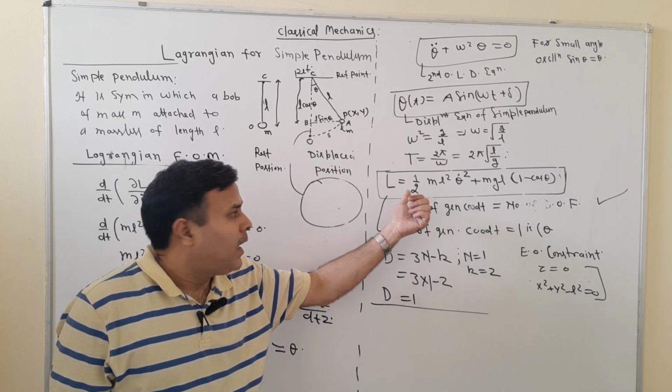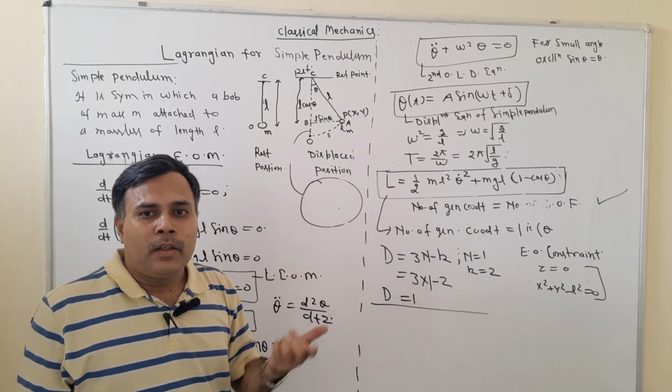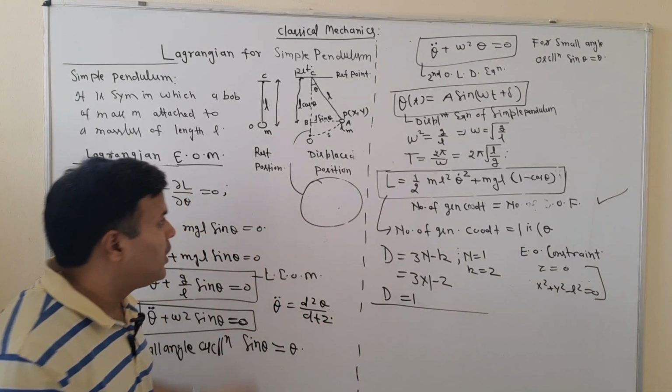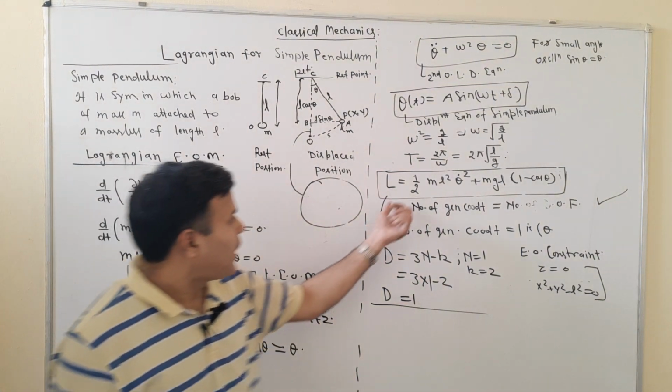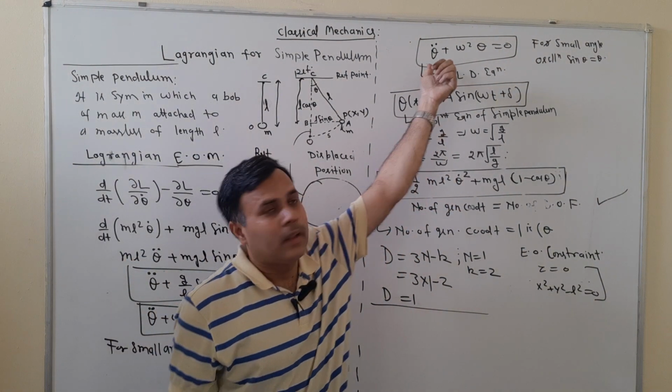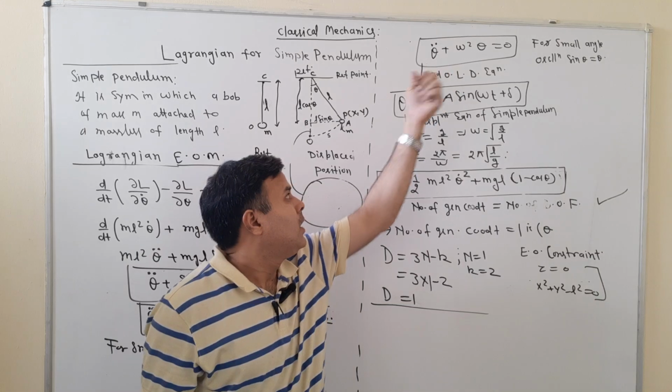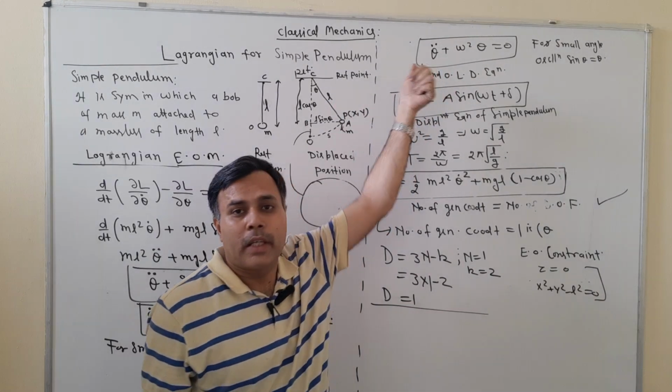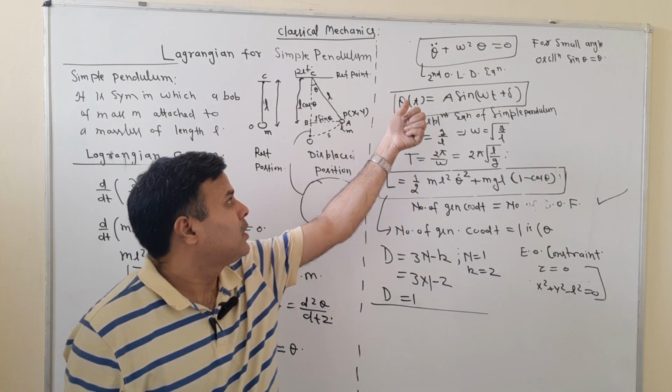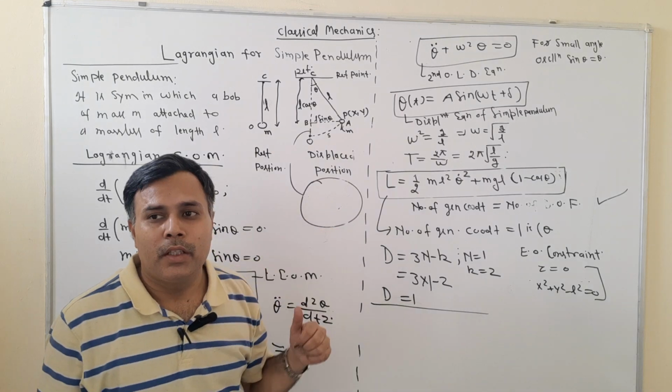So how to write L? L is simply T minus V, where T is kinetic energy and V is potential energy. Then we write the Lagrangian equation of motion, and then the solution, which is a second order linear differential equation under the small angle oscillation condition.